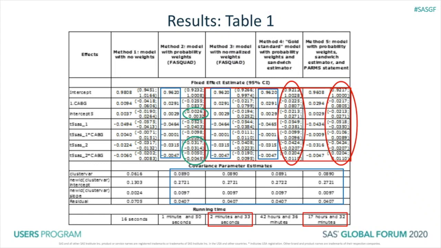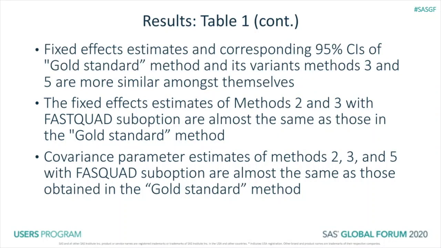You can see that method 4 ran for about 42 hours, and both methods have a reduced running time compared to method 4. In the next slides, I'm summarizing what I just told you about, so we will skip through them.